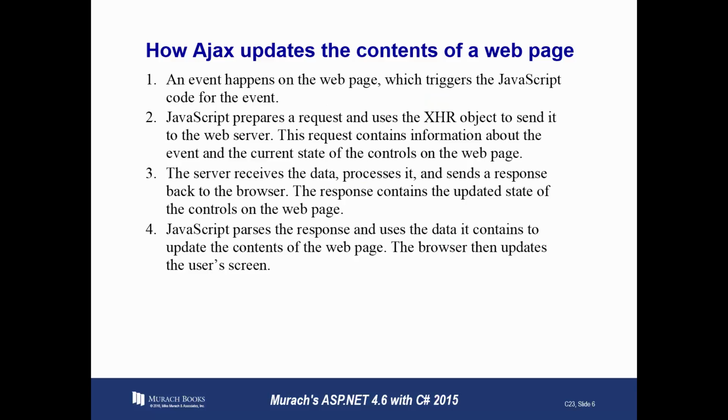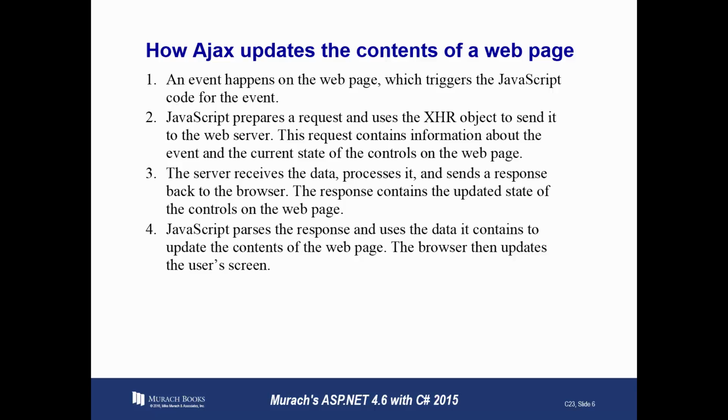So, how AJAX updates the contents of a web page. This is taken right directly from figure 23.2 on page 807. Again, some kind of an event happens. This event triggers the JavaScript code that's associated with the event. JavaScript prepares a request and uses this XML HTTP request or XHR object to send it to the web server. The request contains information about the event and the current state of the controls on the web page.